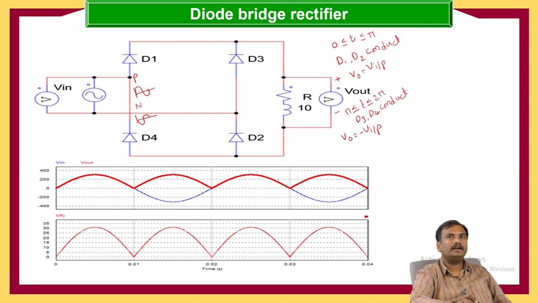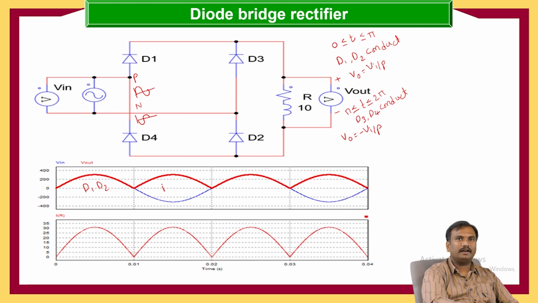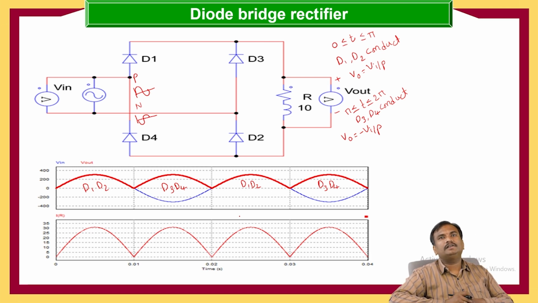Like this, the cycle will continue. This is during the conduction of D1, D2, and this is during the conduction of D3, D4. Again D1, D2 and D3, D4. Like this we get the conduction in 2 cycles.